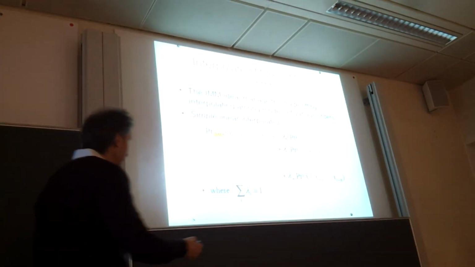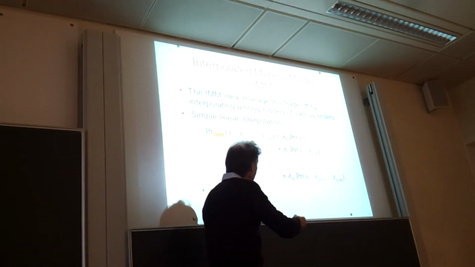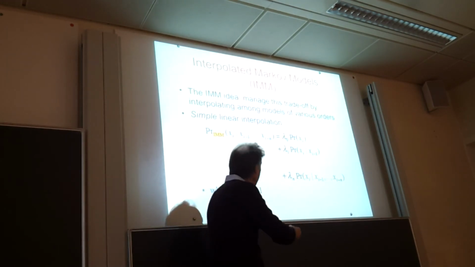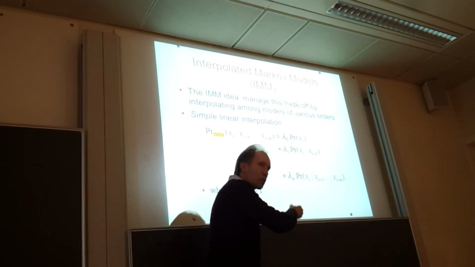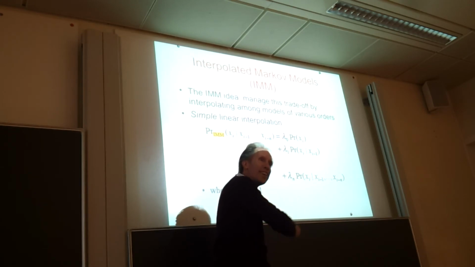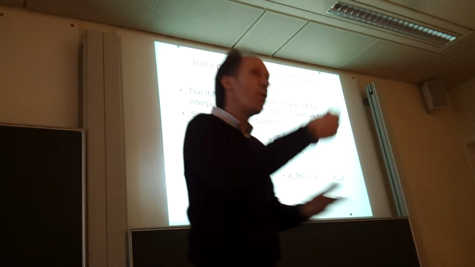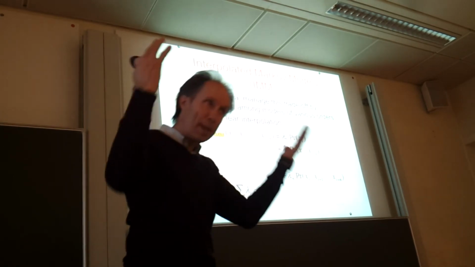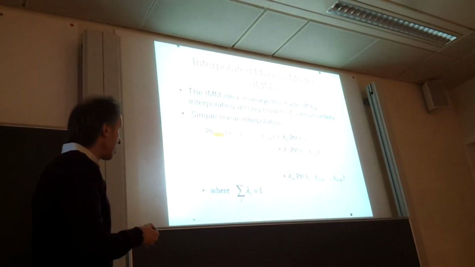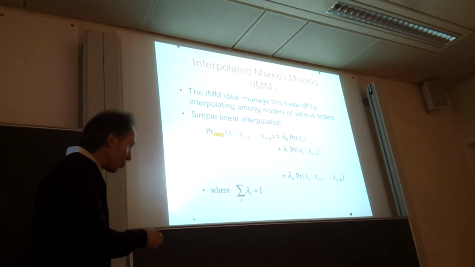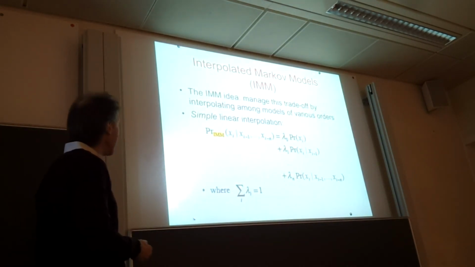You mix it with a given parameter. You mix the zero order with lambda 0, the first order with lambda 1, the one you've seen many times. And of course you have to find these parameters. Then you can execute it like that. You can weigh in different kinds of memory into your equation. And of course, statistics demand that the total probability should be 1.